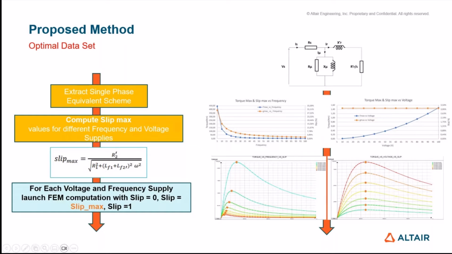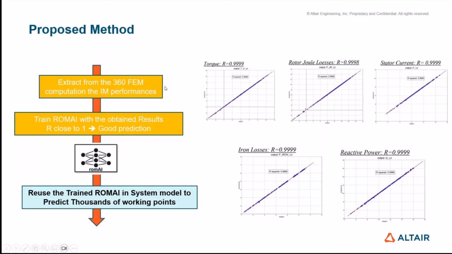And we are going to launch Flux 2D computations for this combination. So we have a total of 360 finite element working points. For each working point, we are going to compute the torque, the rotor joule losses, the stator current, the iron losses, and the reactive power. This is mainly what we need to make a power balance and compute the power factor.